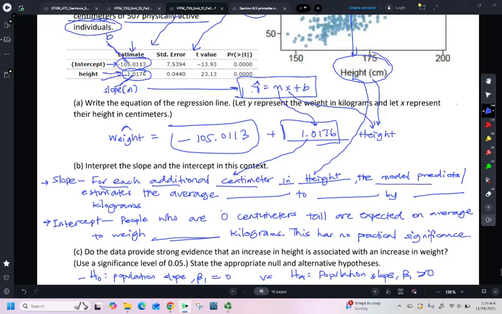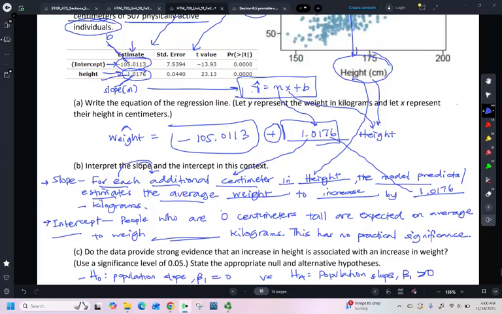The model predicts that the average weight, since the slope is positive, would also increase. So we expect the average weight to also increase by as much as 1.0176 kilograms.